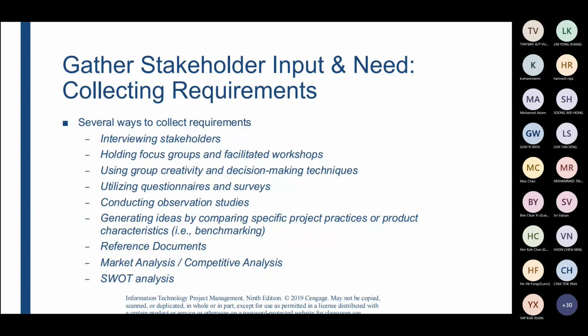No point creating something that will not be sellable in the future, which has no demand. We don't want to do that. Definitely, we want to do something that will last long, a couple of years into the future. So you have to do market analysis and competitive analysis for your project, right?